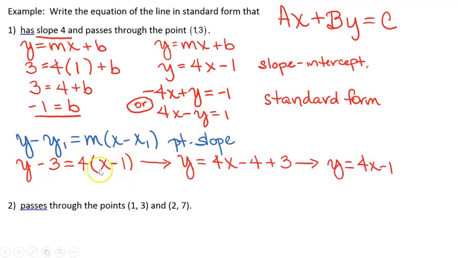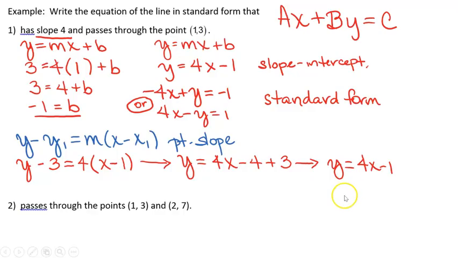Now, if you'll notice, if I distribute that 4, so that would be 4x minus 4, and then I add this 3 over here to the other side, so 4x minus 4 plus 3, you'll notice that gives me y equals 4x minus 1. So the exact same thing that we got right up here, and then we could convert it to standard form the same way. So it doesn't matter if you use point slope form or slope-intercept form, you're going to get the same answer either way.